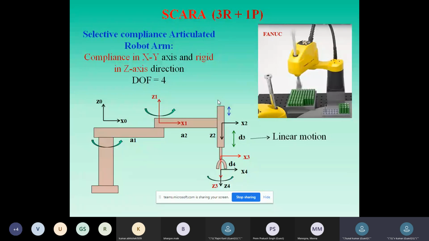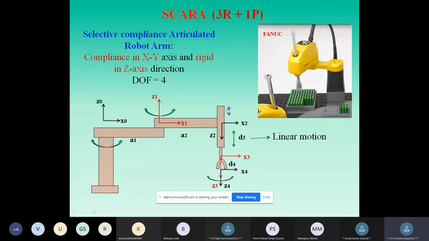Okay, fine. SCARA full form is selective compliance articulated robot arm. Actually it has 4 DOF. It is used in industry for assembly purposes. Here you see the 4 DOF. First joint is a revolute joint, second joint is also revolute, but third joint is prismatic.